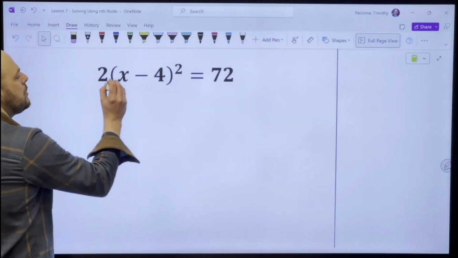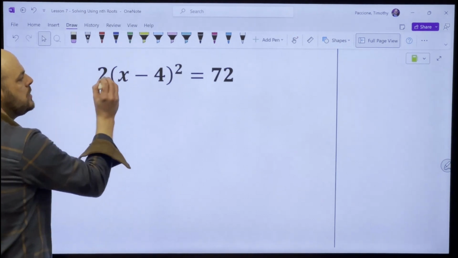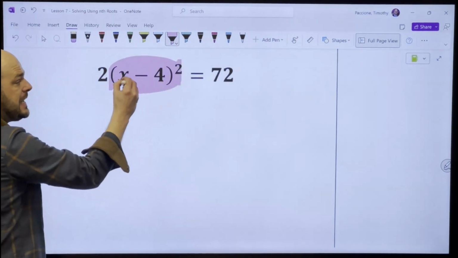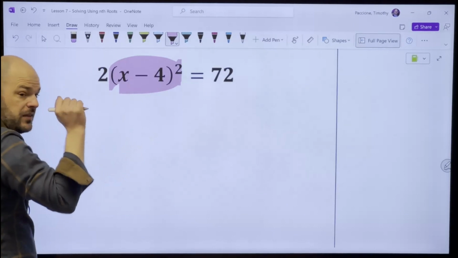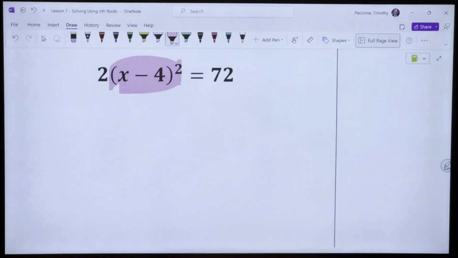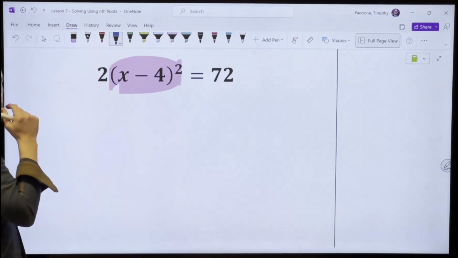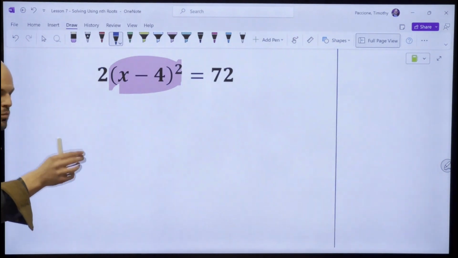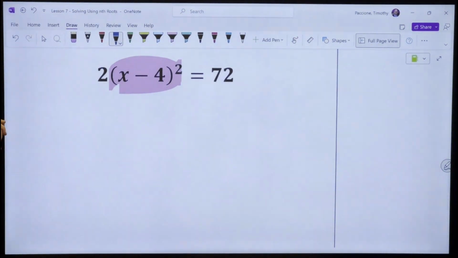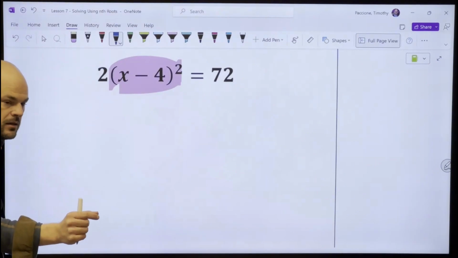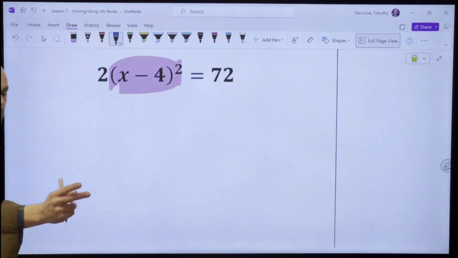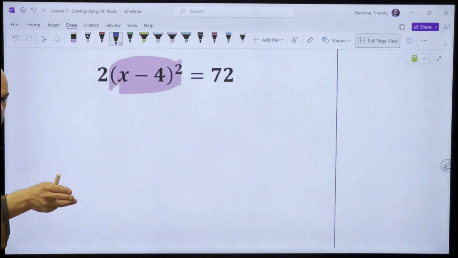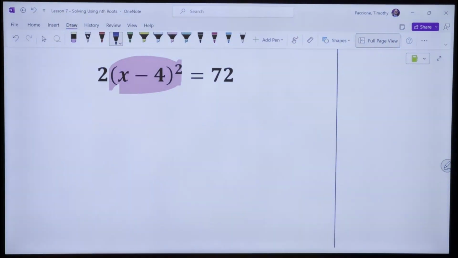What's being squared here? This right here. So I need to isolate this pink part and get rid of anything that's not pink. So what needs to go away? 2. Okay, so let's be very specific here. Why am I dividing by 2? Because it was multiplying by 2, and I'm dividing because that's the opposite.